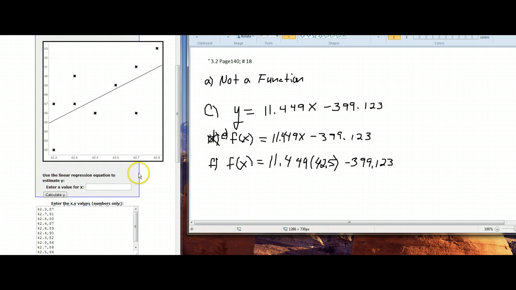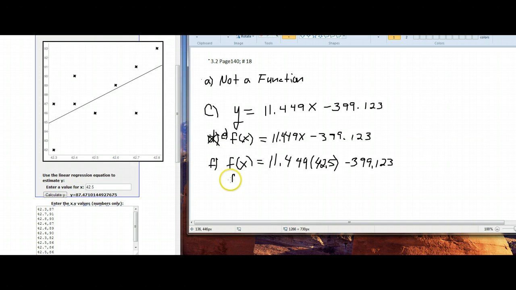So when we enter our value for x here, of 42.5, it's going to calculate y as 87. We round it to the nearest tenth since all the y values are rounded to the nearest tenth. So 87.5.